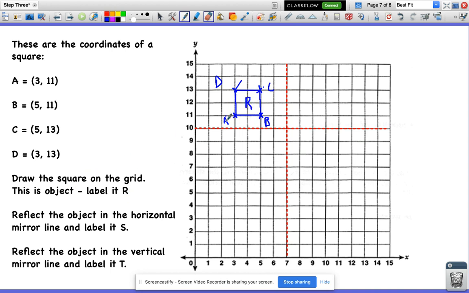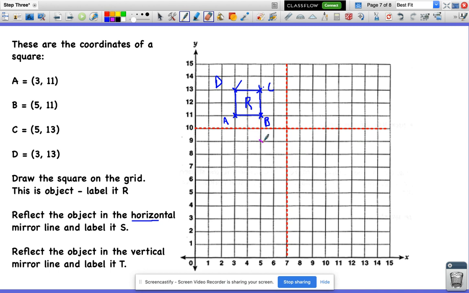This is the object, so object R. Reflect the object in the horizontal mirror line and label it S. You see, we have 2 mirror lines today on this question. So what does horizontal mean? It means going across. So I've got to reflect that in the horizontal line.